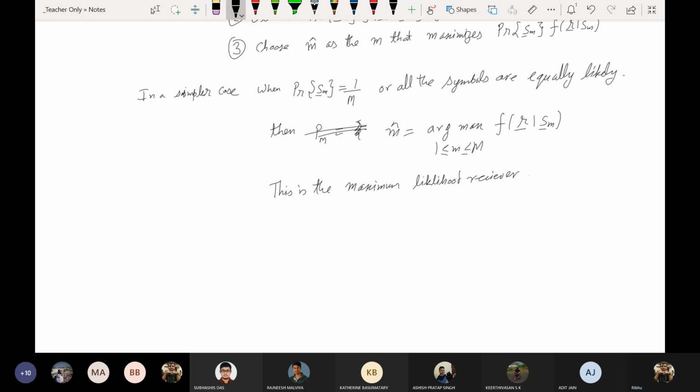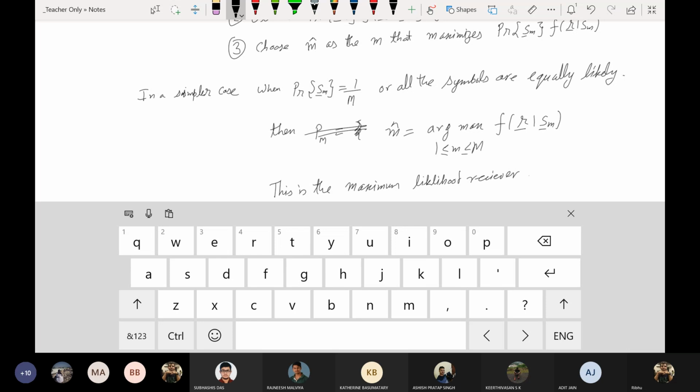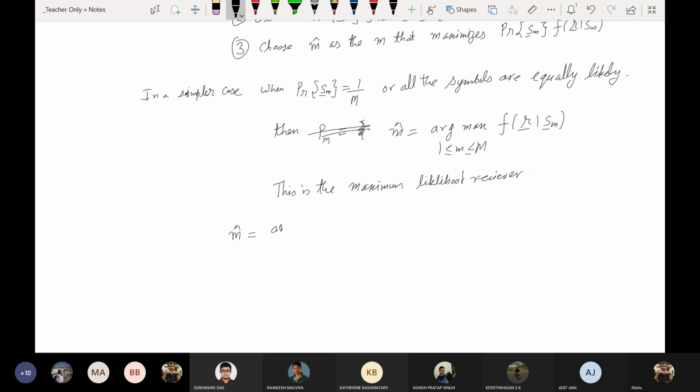So what we have is that m hat equals arg max over m.